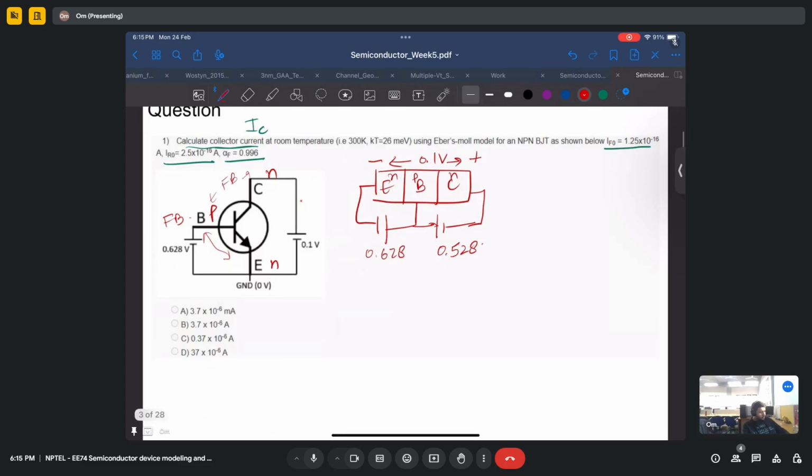Since this drop was given to be 0.1 volts and this VBE was directly given to be 0.628 volts.